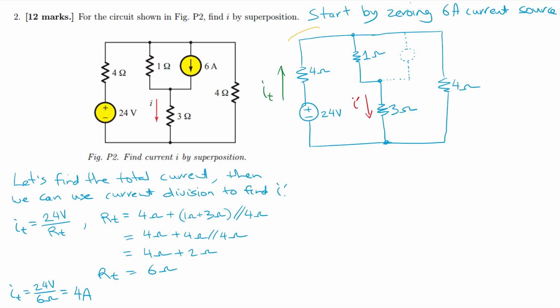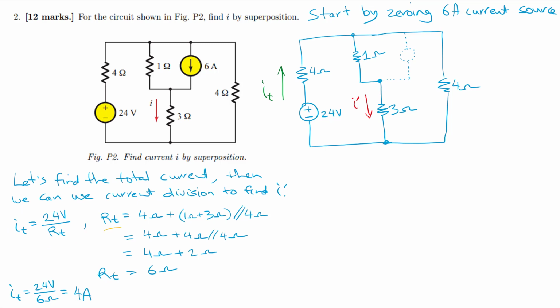If we can find the equivalent resistance of the rest of the circuit, we can find I of t by using Ohm's law as we've written here. So the current is going to be the 12 volt voltage source divided by the total resistance.